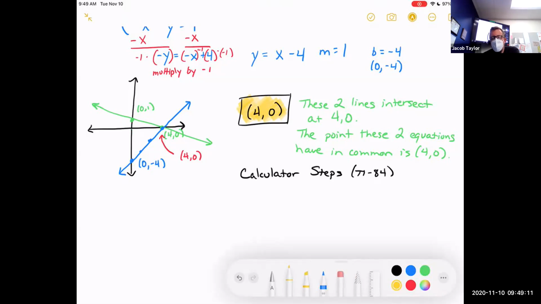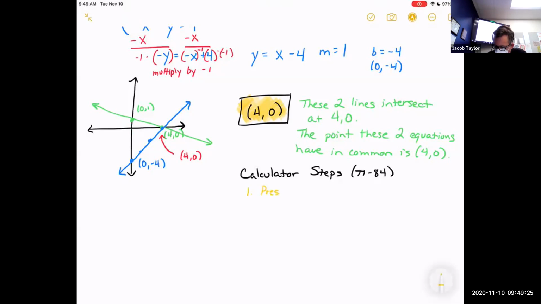They're not going to give you a laptop, I'm sorry to say, and let you use Desmos. So I know Desmos is a better tool, and if you don't have a TI-84, it's really your only tool to use, but we are going to have to get familiar with the graphing calculators. So step one is you press y equals and input both equations.